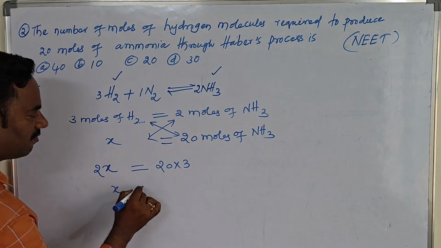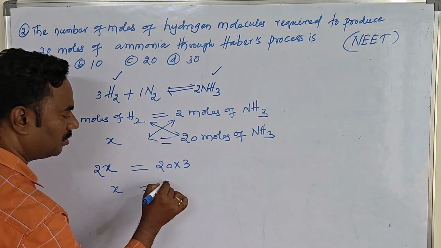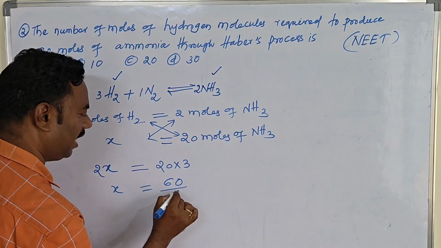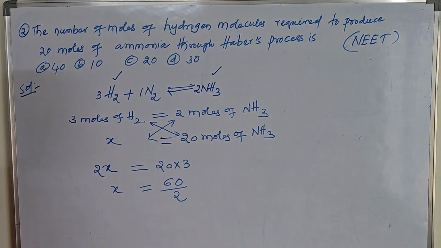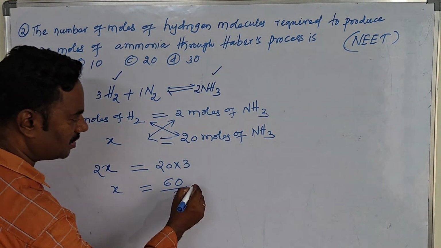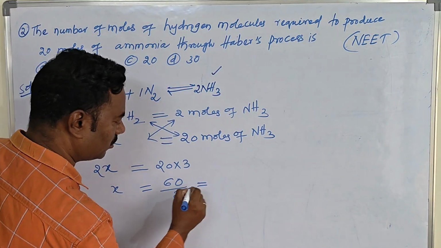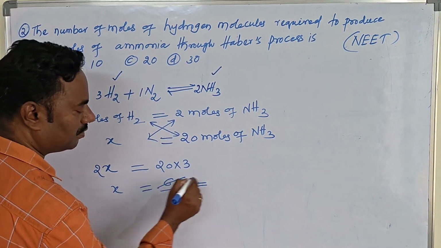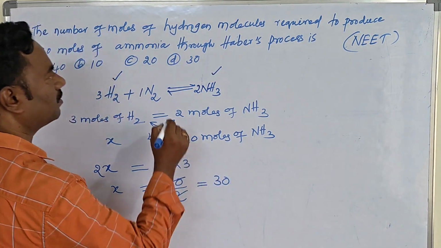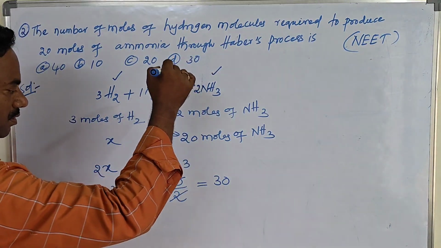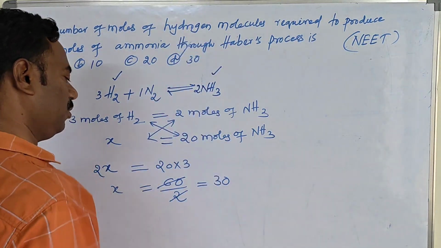Then x equals 60 by 2, which equals 30. It is our option.